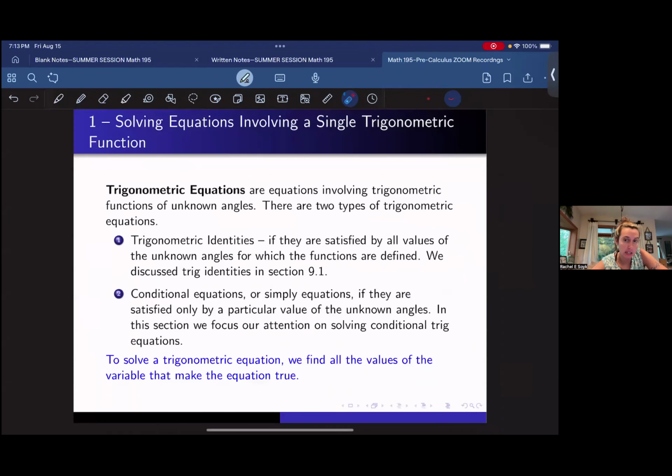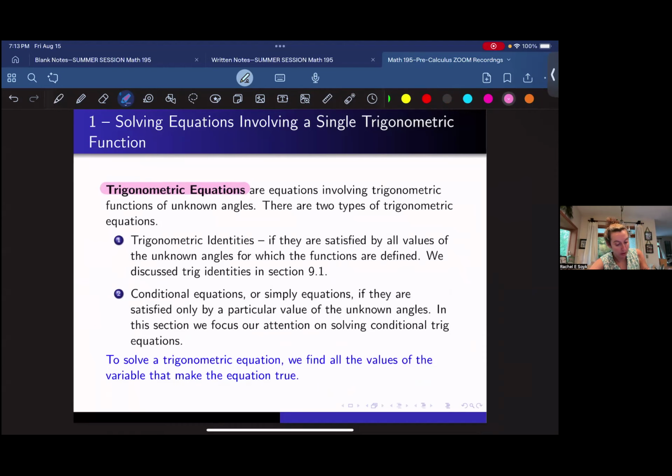So first, let's define our trigonometric equations. Trigonometric equations are equations involving trig functions of unknown angles. And we have two types of trig equations.